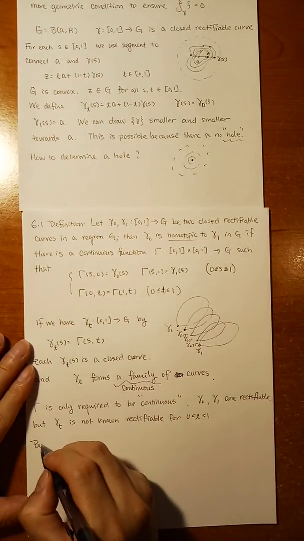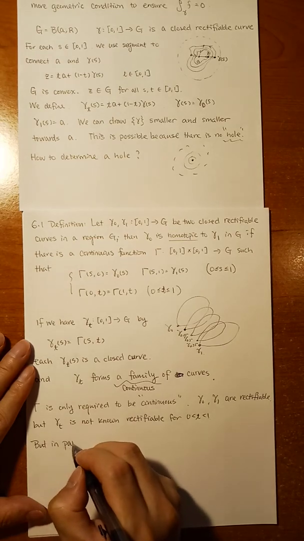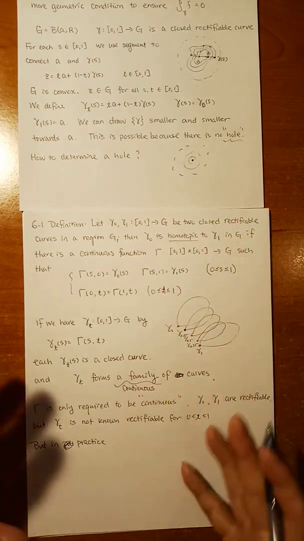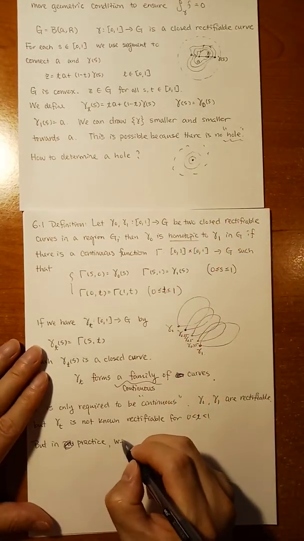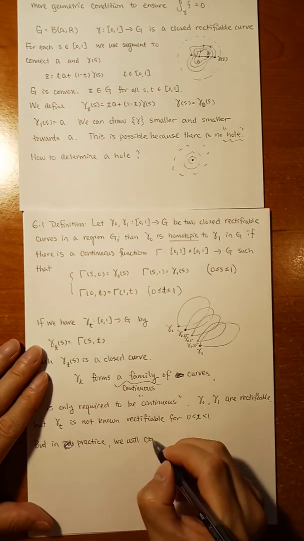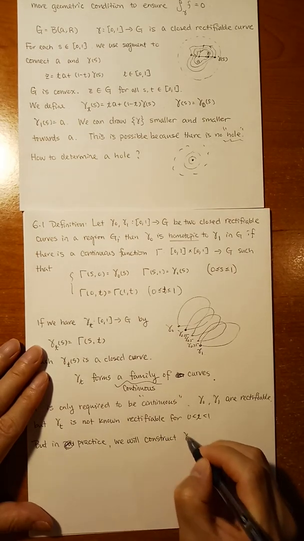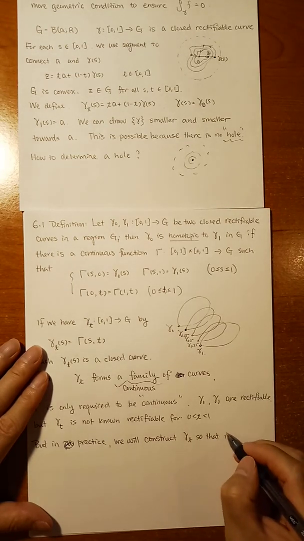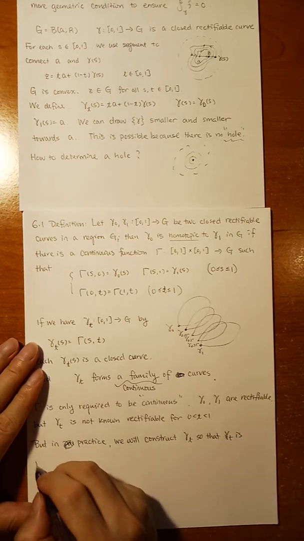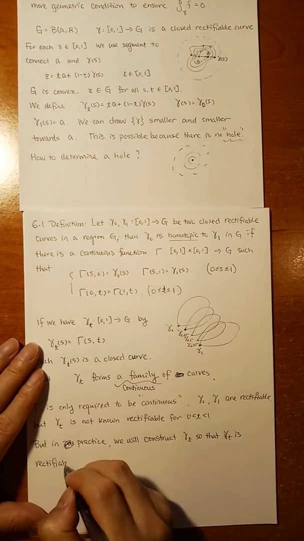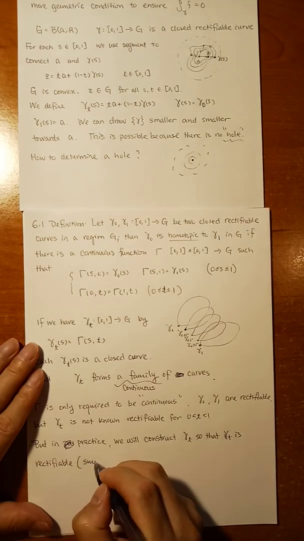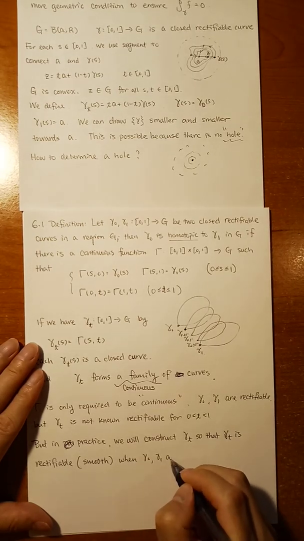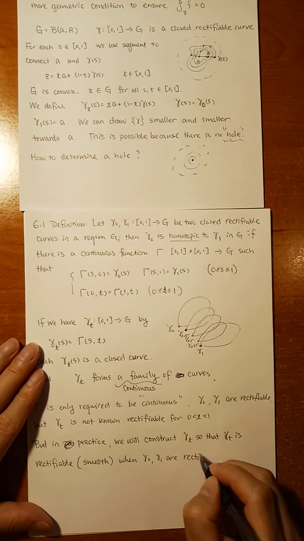But in practice, we may have a concrete construction. In practice, we will construct gamma t so that gamma t is rectifiable or smooth when gamma 0, gamma 1 are rectifiable or smooth.